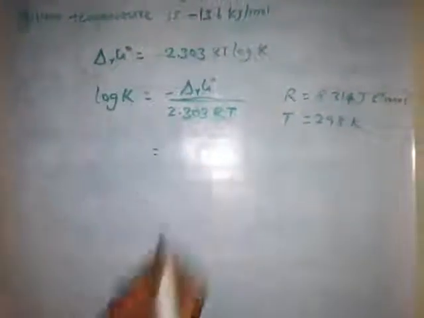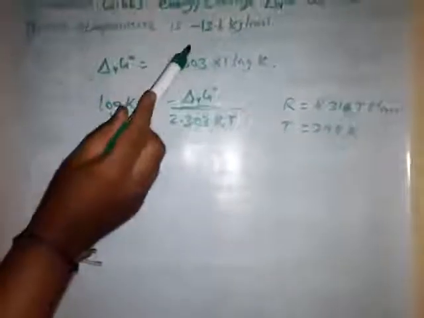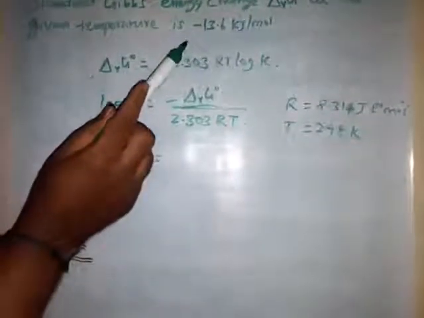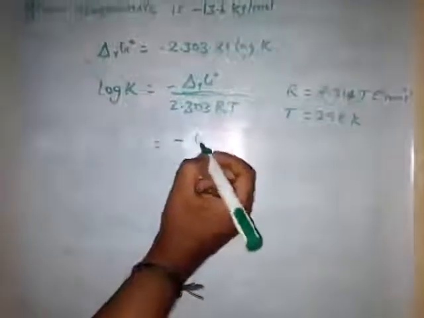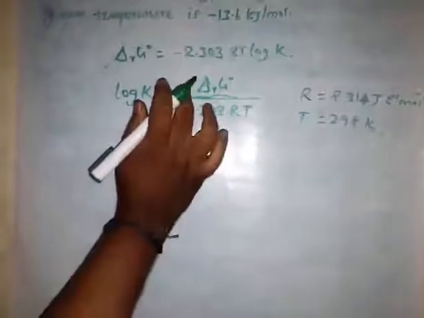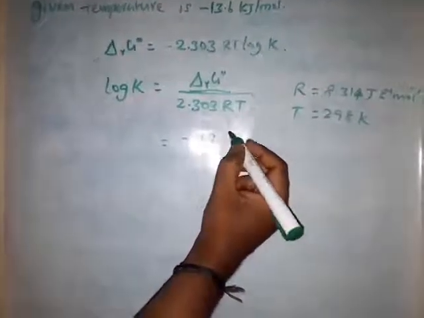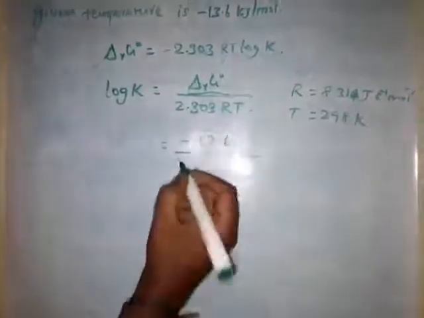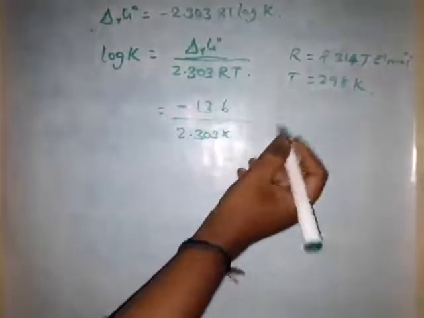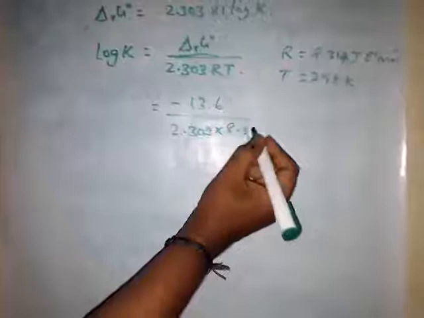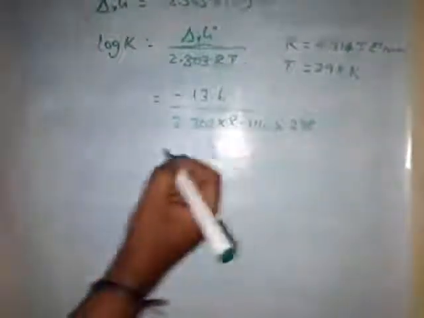So apply these values. Log K is equal to, delta G naught for the reaction, which is minus 13.6 kilojoule, so here I have to put the value 13.6 divided by 2.303 into R value 8.314 and the temperature is 298 Kelvin.